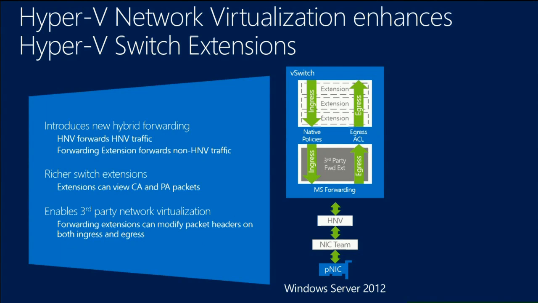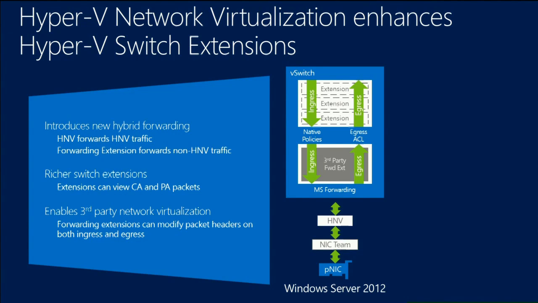The problem was, in the 2012 timeframe, just going into software architecture for a second, we had layered HNV underneath the virtual switch. So you have the virtual switch on the top, you have VM sitting on top of it, and you have HNV sitting below it. So when the VM sends traffic, all the switch extensions that are sitting in the middle that want to do something with that traffic are seeing the customer address space because the customer address space is coming through.